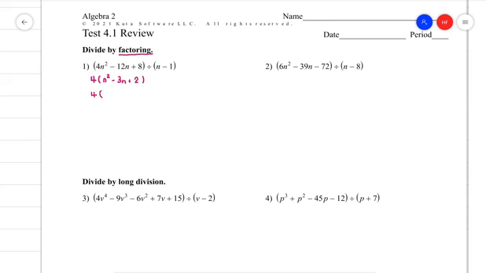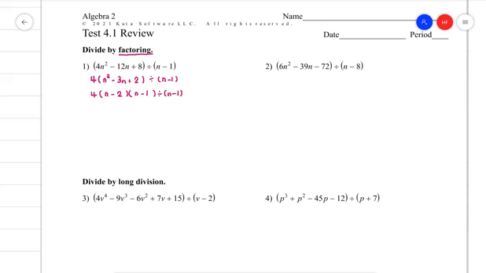And then I want to factor n squared minus 3n plus 2 by finding two numbers that will multiply to 2 but add to negative 3, which would be n minus 2 and n minus 1. And that is being divided by n minus 1.